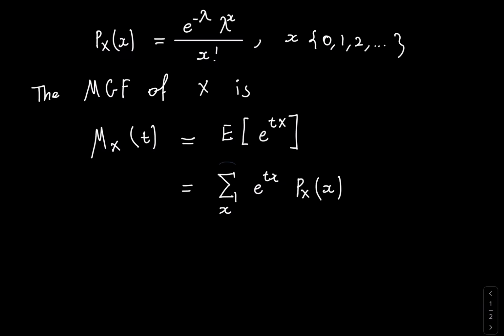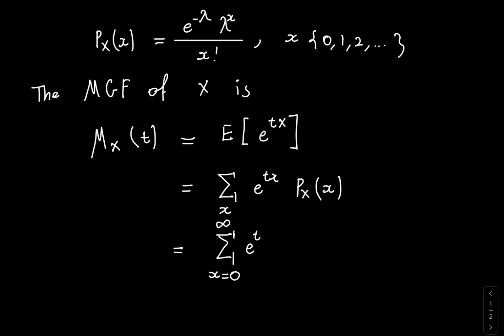Now we're going to substitute in two parts. Firstly, we substitute in the sample space of x, and then we also substitute in what p_X(x) is. So using the summation, what are the possible values of x? It's across all x, or quite simply, x equals 0 all the way to infinity.